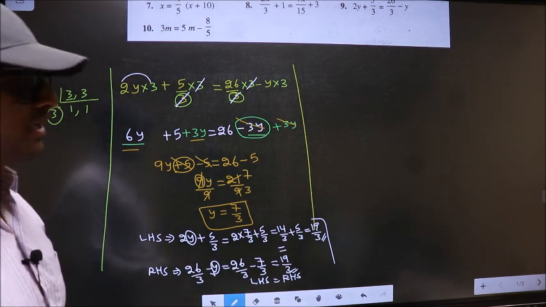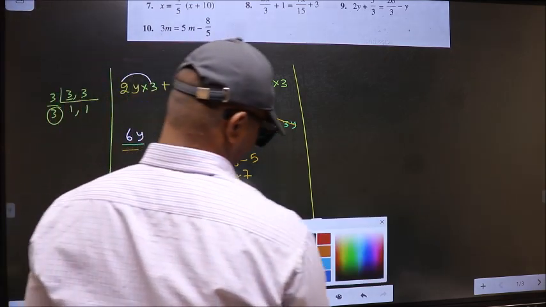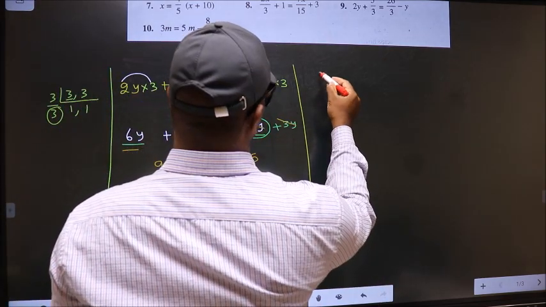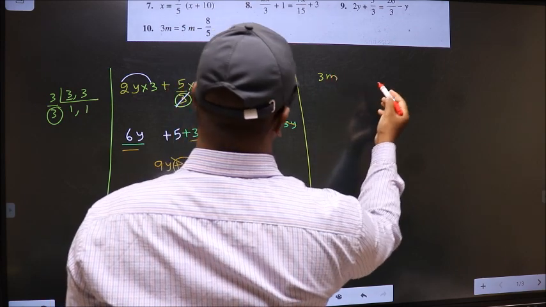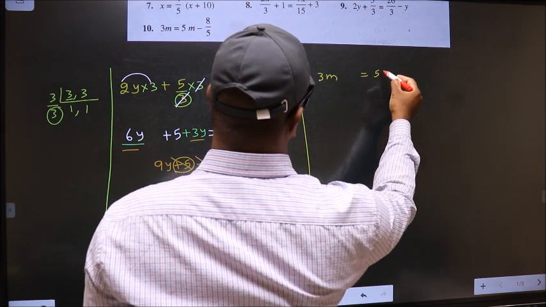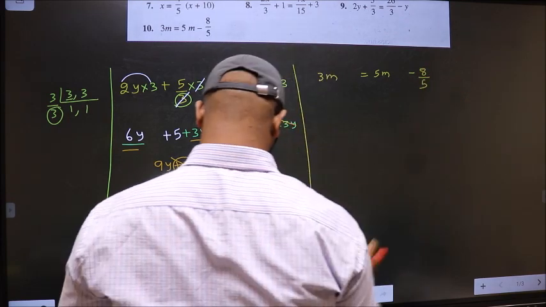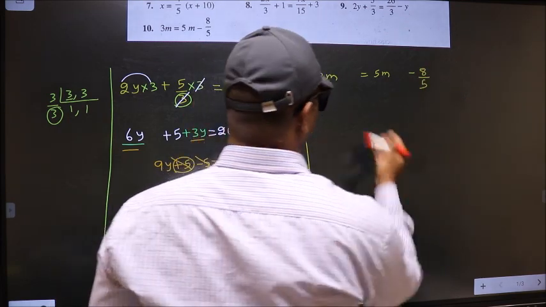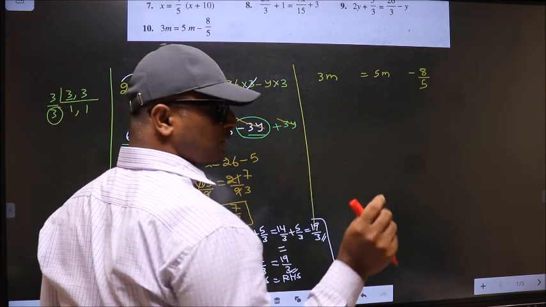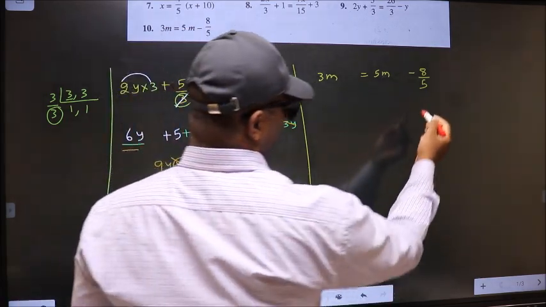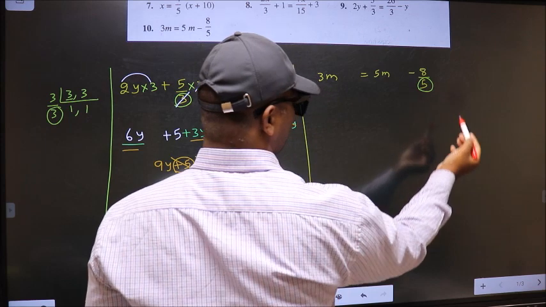Next, 10th one. 3m equal to 5m minus 8 by 5. Now in this equation, first we should remove the denominator. Here the denominator is 5.